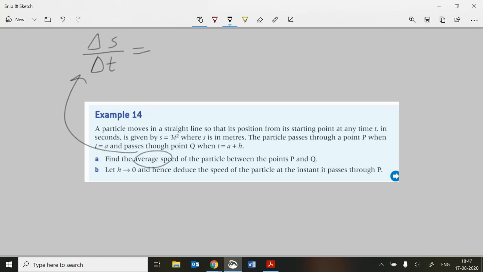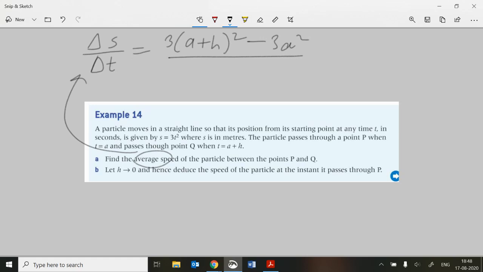So the average speed is talking about the change in displacement. That's going to be 3 lots of a plus h squared, so that's putting it into here. No limits that we need to consider here. We're not bringing h to 0. These are just 2 separate points in time. Then take away 3 lots of a squared, that particular time.